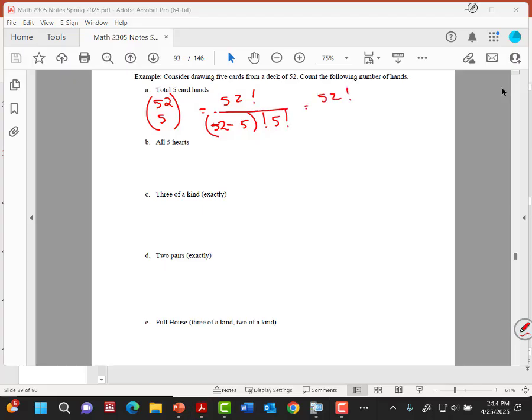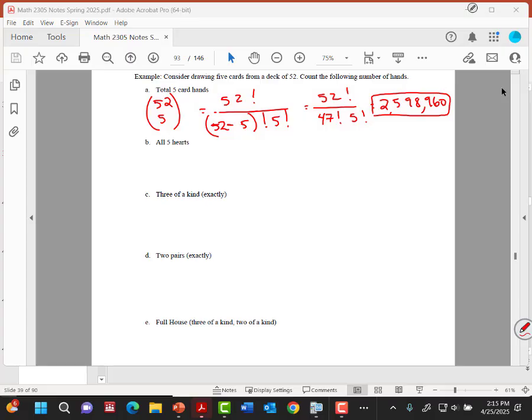This is 52 factorial over, 52 minus 5, what's that? That is 47 factorial times 5 factorial. So 2,598,960. Or more than 2.5 million ways to draw 5 cards from the 52.